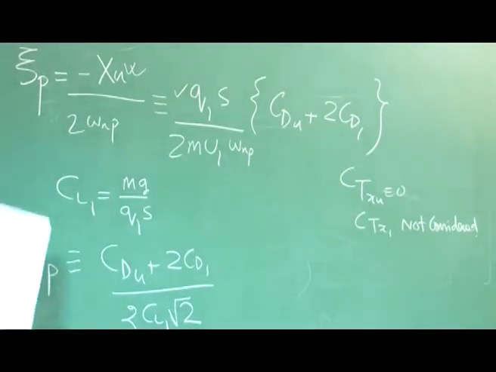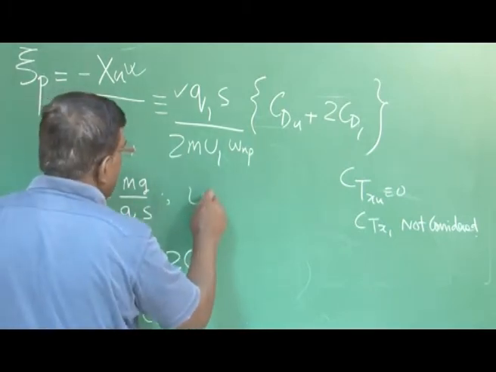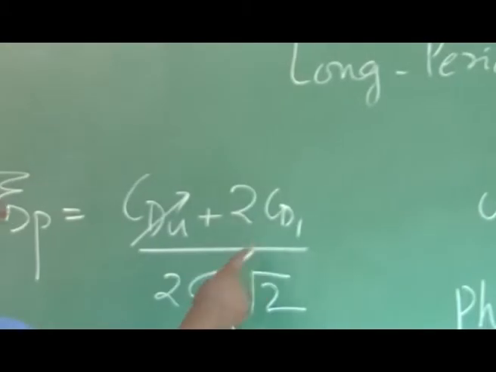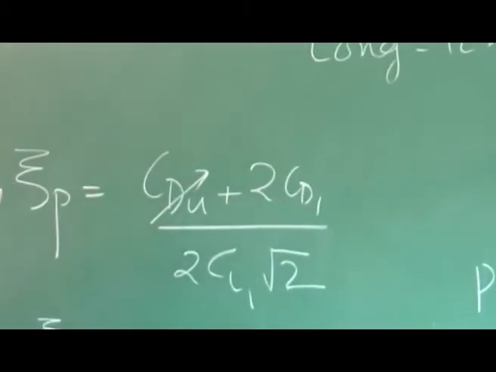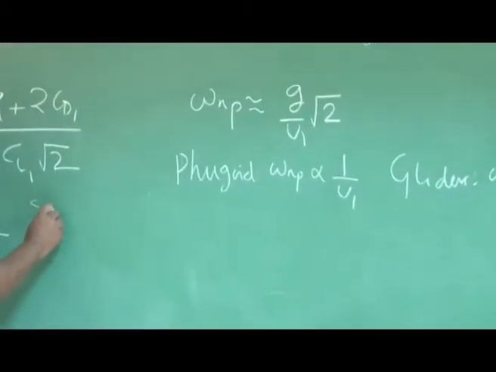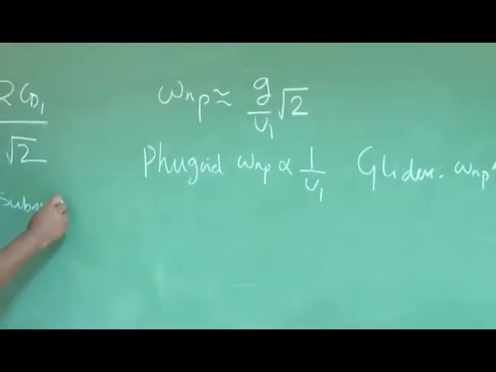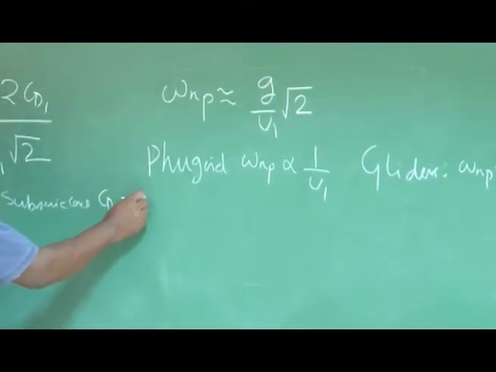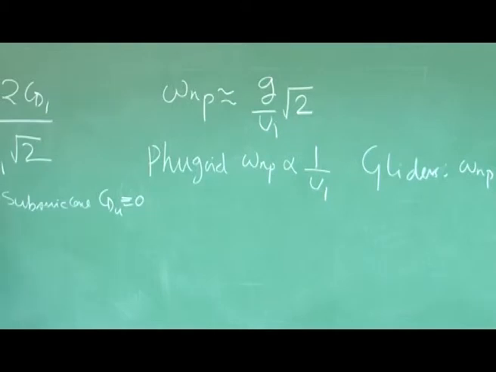We are aware CL1 is mg by Q1s because it has come from lift equal to weight at steady state at the cruise. So, if I substitute this, then I get zeta p equal to CDU plus 2 CD1 by 2 CL1 root 2, and for subsonic case, low speed case, let us say CDU can be approximately 0.